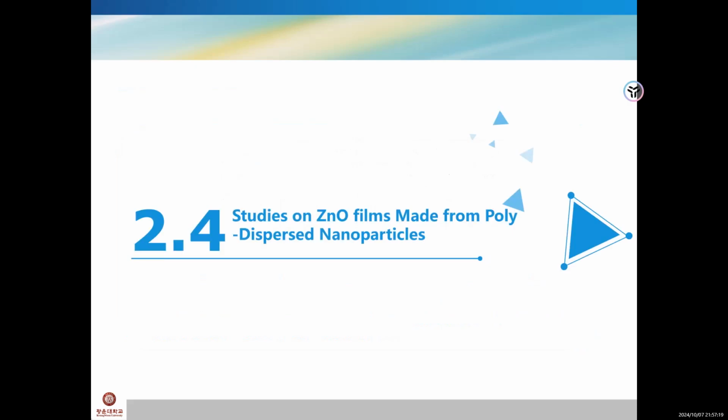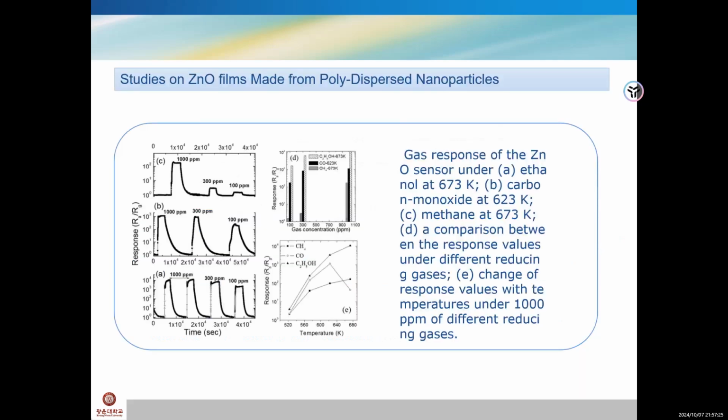And 2.4, studies on ZnO films made from polydispersed nanoparticles. And there are some images about that: time, gas concentration, and temperature. So it's the change of the response values with temperature under 1000 ppm of different reducing gases.